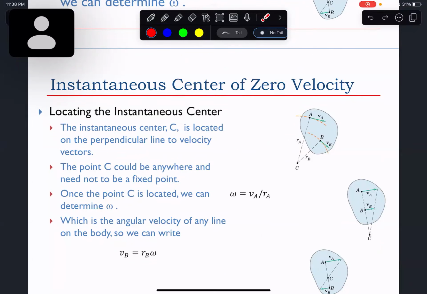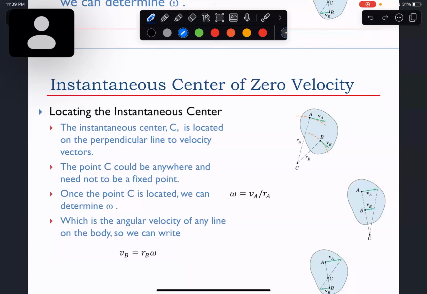Because omega is the same for any line on the body, if I find point C, then I can use that. If I know the velocity of A, let's say VA, I can use this RA, the distance from C to A, to find omega. Omega is going to be VA over RA, right?